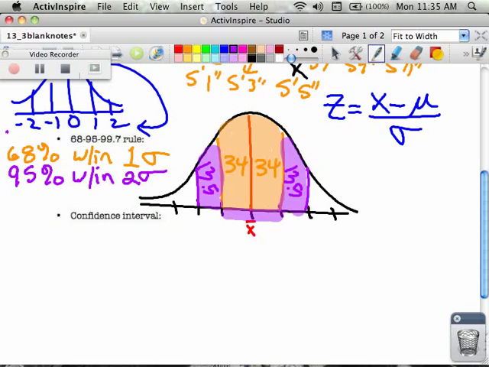If you add up the 13.5, the 34, the 34, and the 13.5, all of that together within 2 standard deviations is 95%. So here was 1 standard deviation, 2 standard deviations to the right, and 1, 2 to the left.